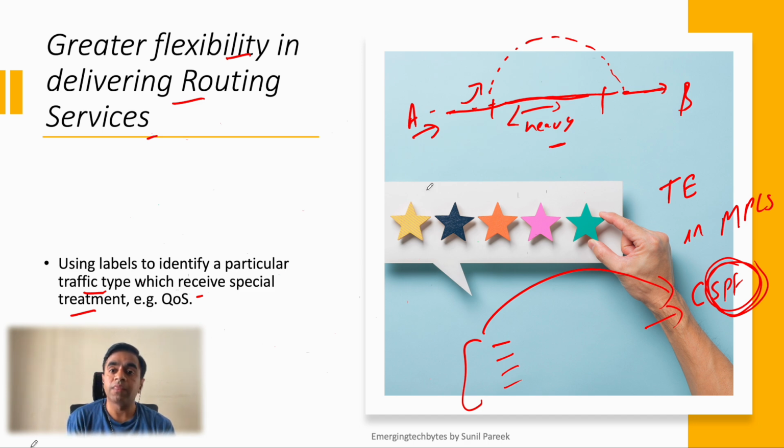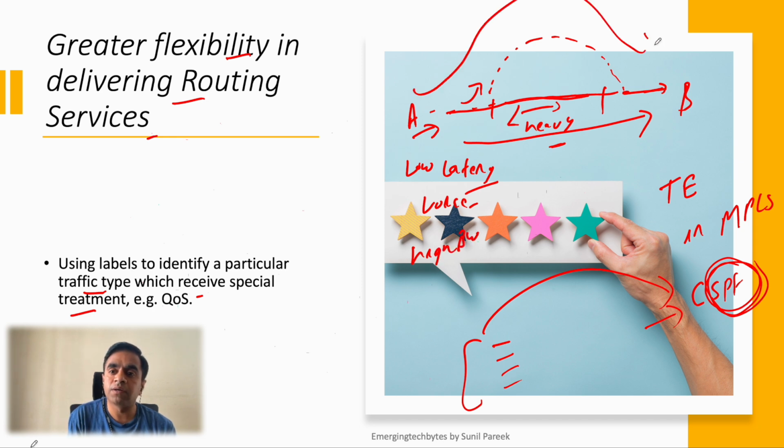For example, you can plan this traffic distribution well, where the traffic with low latency, let's say voice traffic, can go directly on this path, whereas the other traffic, let's say high bandwidth traffic, can go via this path. So this is the flexibility that MPLS provided.